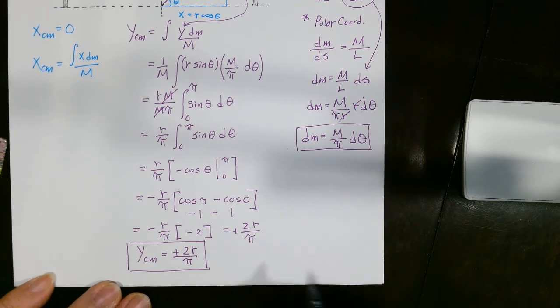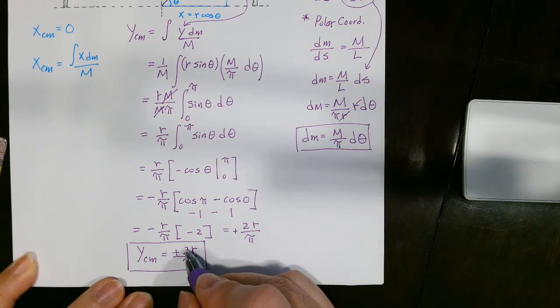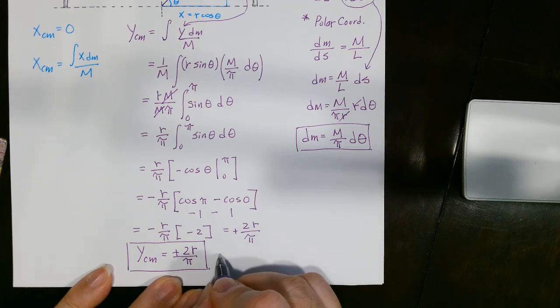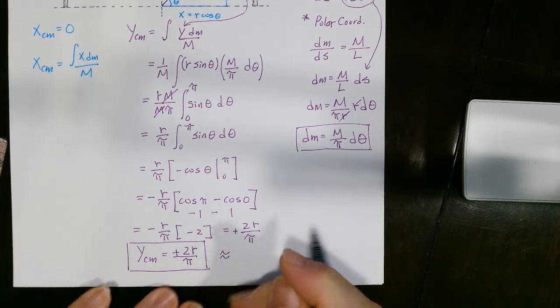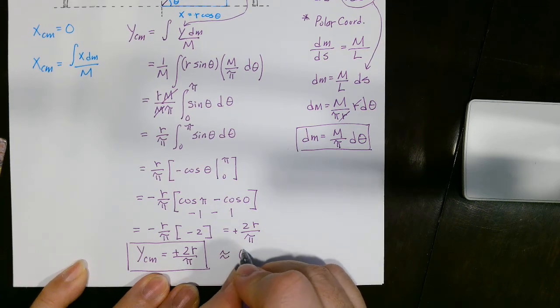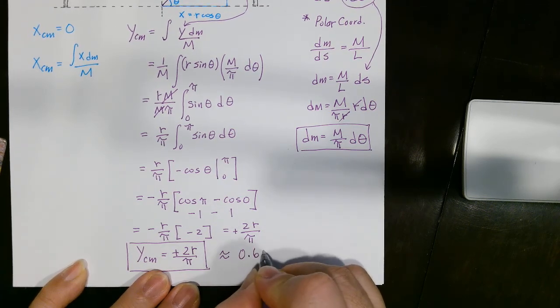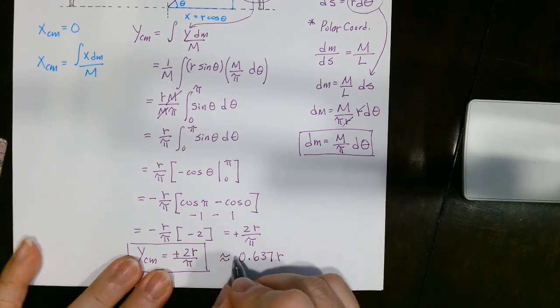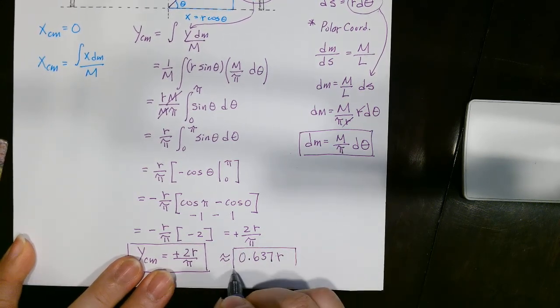Well, what is 2r over pi? That's almost 2/3 of r, right? So if you find what that 2 over pi is, 0.637 r is where the center of mass should be.